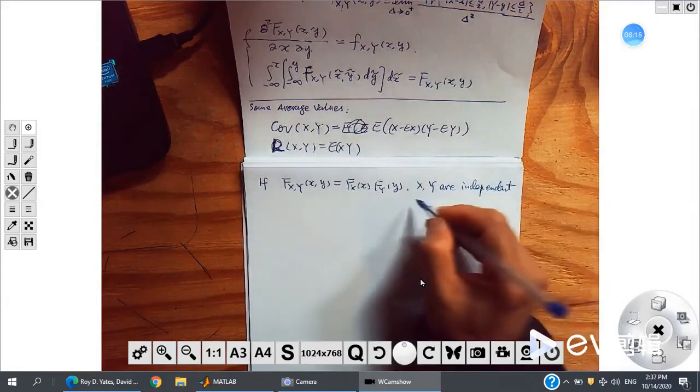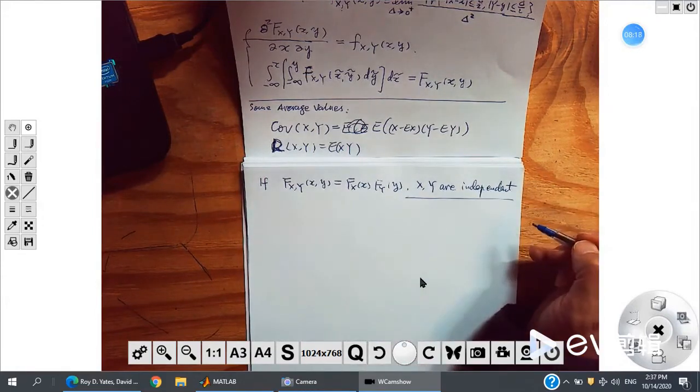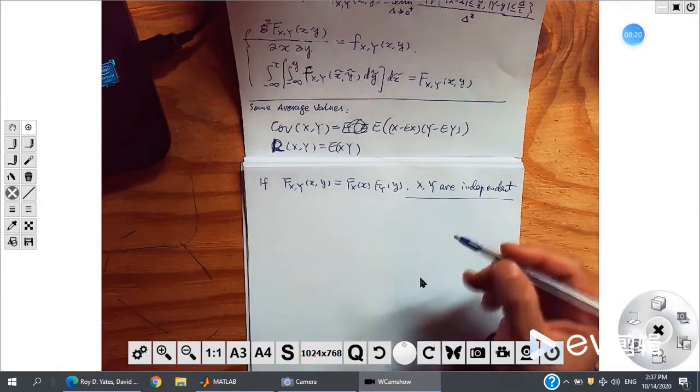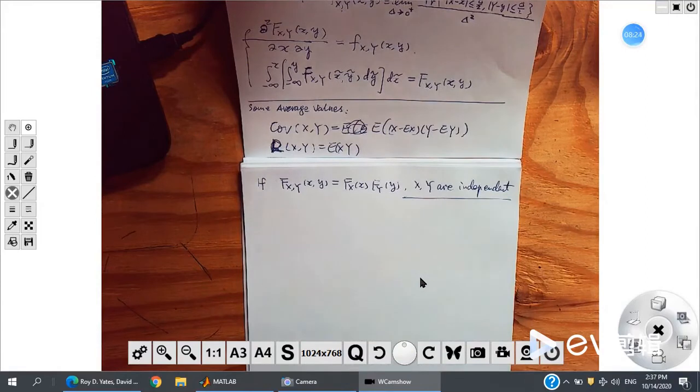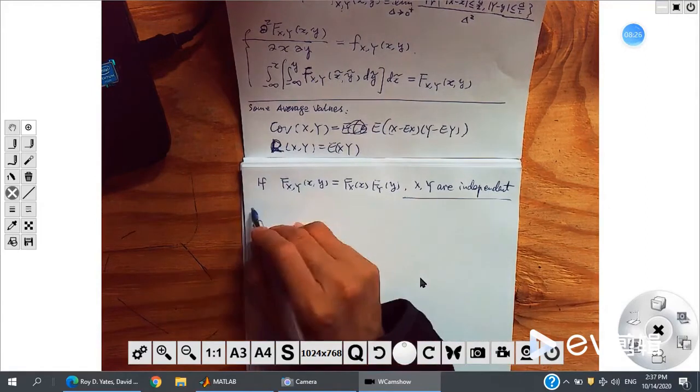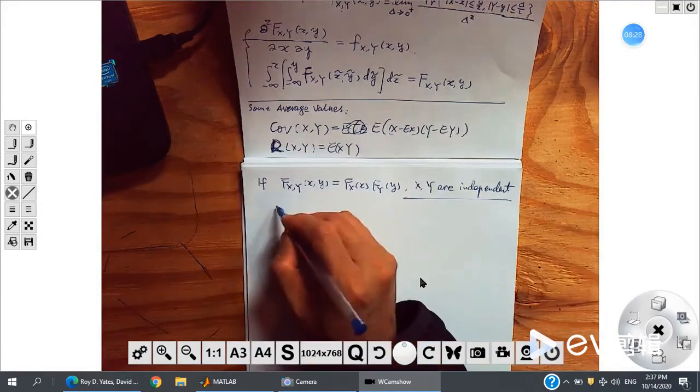Okay, in this case we call this independent. And we have two different versions for discrete or continuous type in the mass function or the density function.